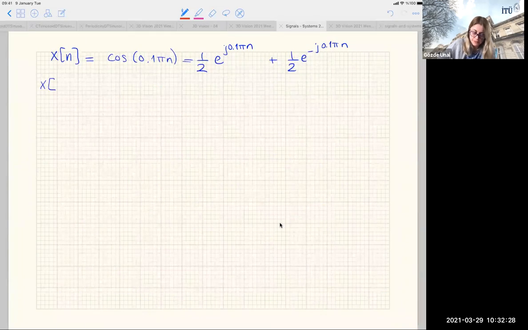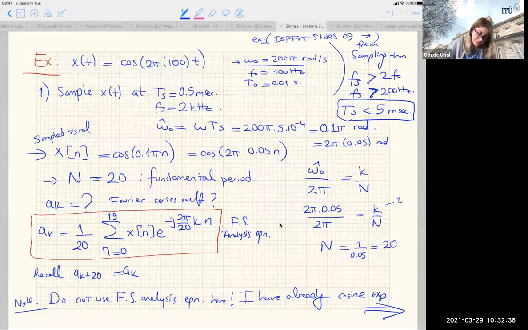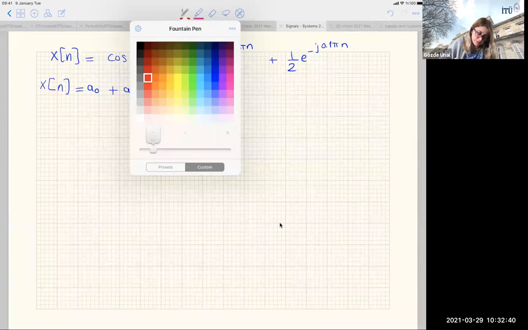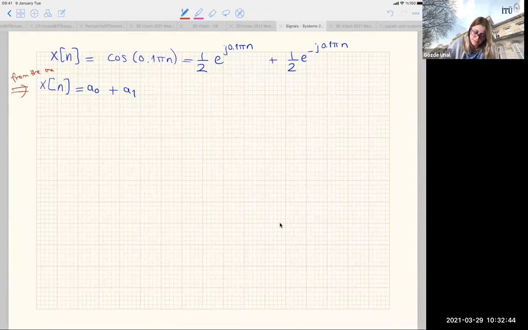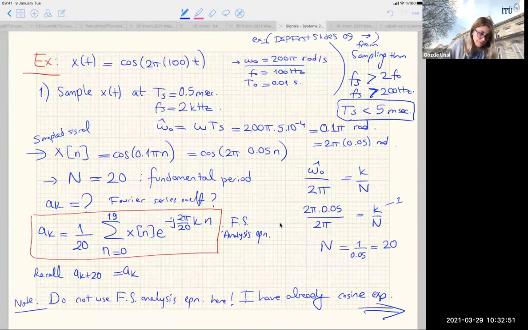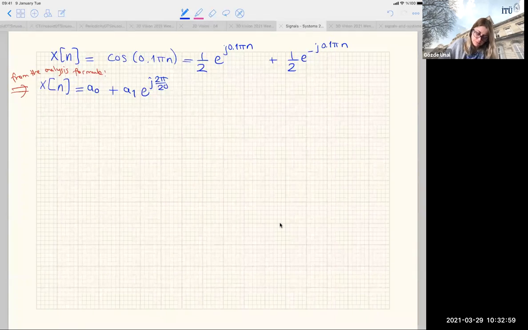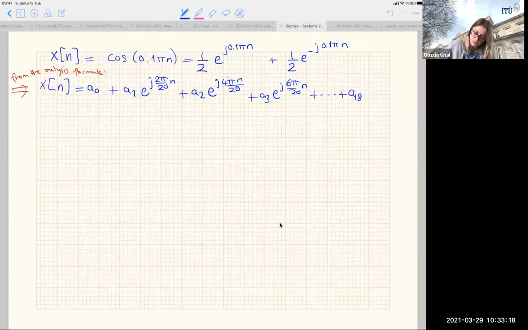Here there is a0 plus a1 e to the j 2 pi over 20 n, plus a2 e to the j 4 pi n over 20, plus a3 e to the j 6 pi over 20 n, all the way to a18 e to the j 2 pi over 20 18n plus a19 e to the j 2 pi over 20 19n.